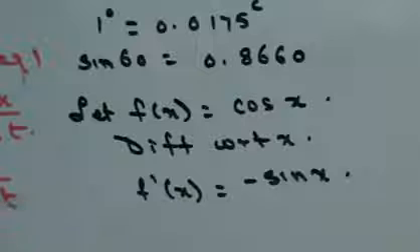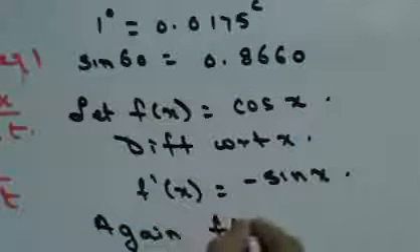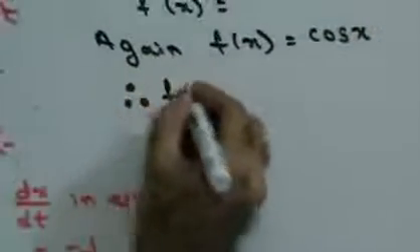Right? I can say again, f of x is equal to cos x. Therefore, f of x plus h will be nothing but cos of x plus h. Whenever there is x, I have substituted the value of x as x plus h.